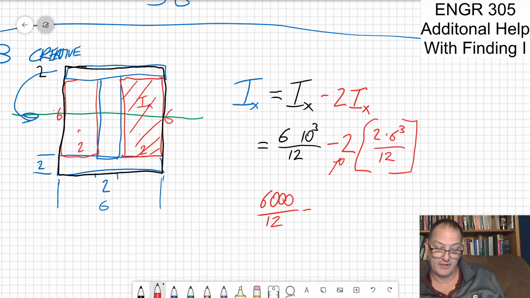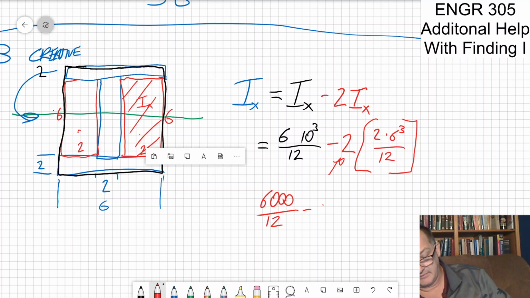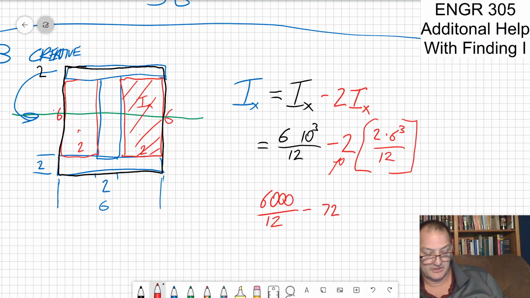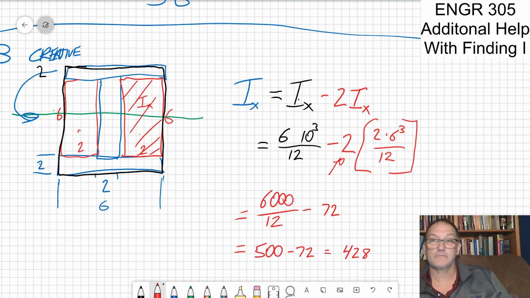So that'd be 36 minus 72, right? Minus 72. So 6,000 divided by 12. I'm going to hold on while I get my calculator out. There, I finished that up. Actually, I'm not quite done. There we go. I got to get my screen back so I can see. 6,000 divided by 12, I should have known that. That was 500 because 12 goes into 60. But I locked up. Sorry, didn't think. And then minus the 72, I get 428.